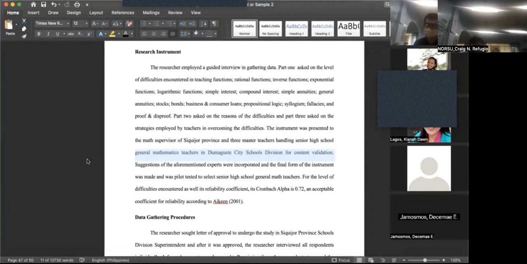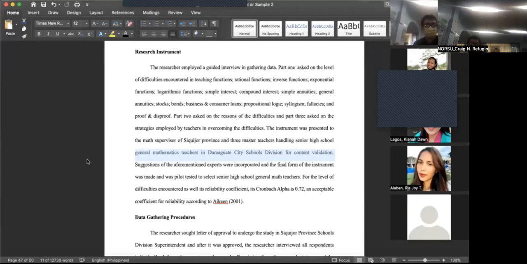Another reason for having pilot testing is to see how long it will take to administer the questionnaire, and also the time of answering, sir. Okay, perfect. So you have the estimate on how long it will take in answering the research instrument. Because normally, when you ask permission to administer the questionnaire, the principal or the supervisor would ask, how long will it take for you to administer the questionnaire?